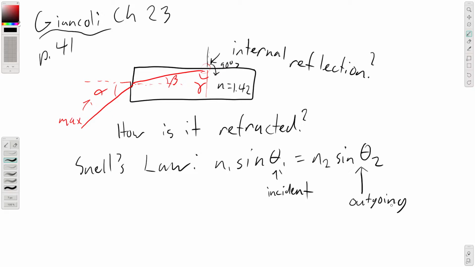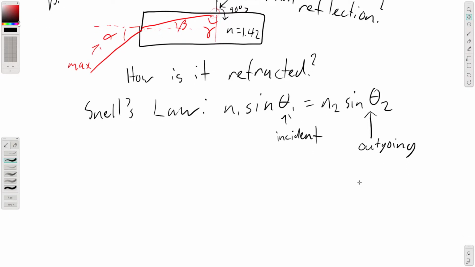So in doing these problems, we have to identify what's going in, what's coming out, what the indices of refraction are for both of those, and then solve for what we don't know so that it fulfills this law.